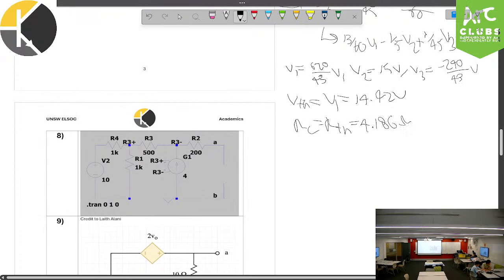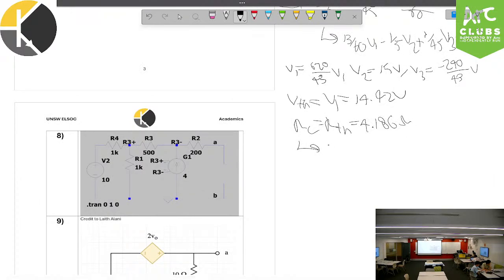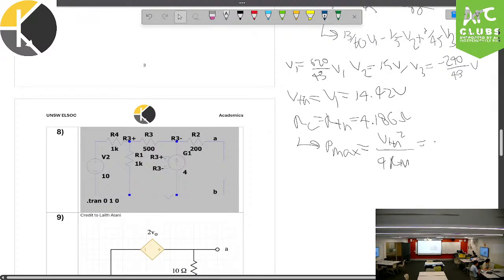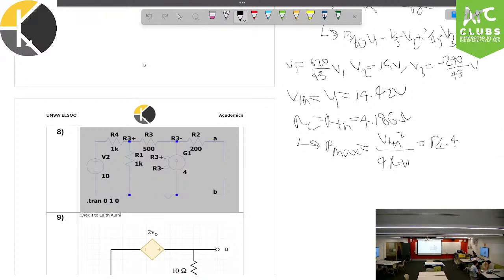ohms. And then we can find the power that runs through that element at that resistance simply by doing VTH squared on 4 RTH. And if I plug that in, we should get something close to 12.4. Oh, that's a weird looking 12.